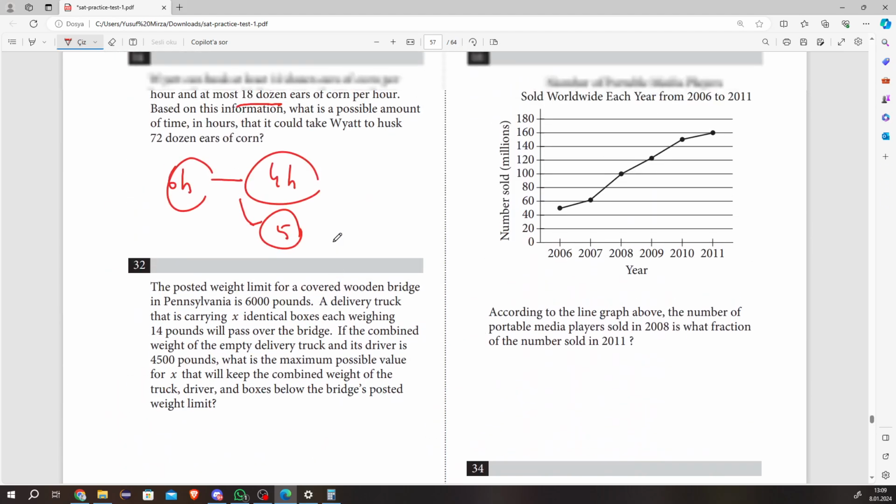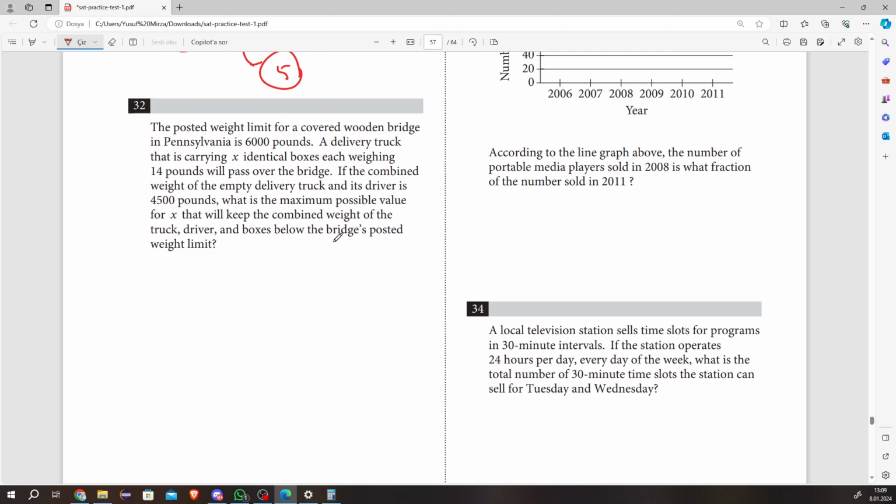Let's finish it. Limit. Okay. So we have 1,500 pounds the bridge can carry, and so let's divide it by 14.